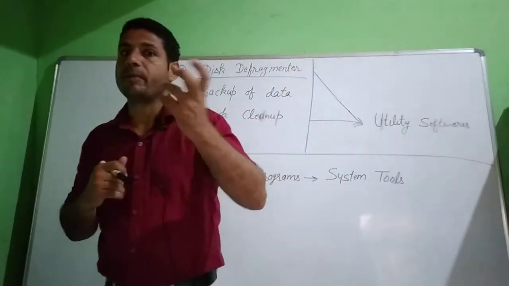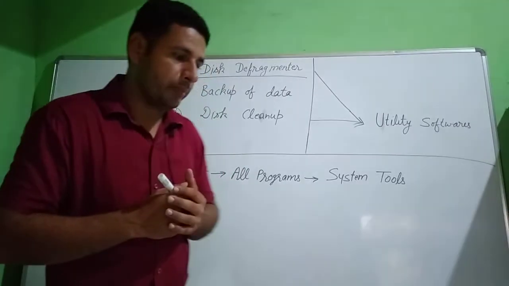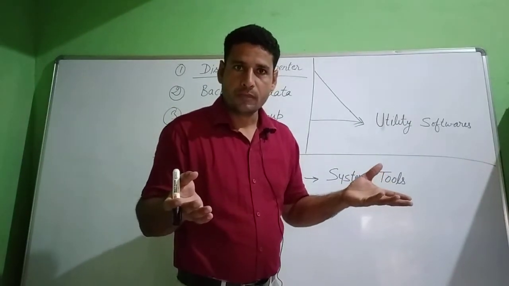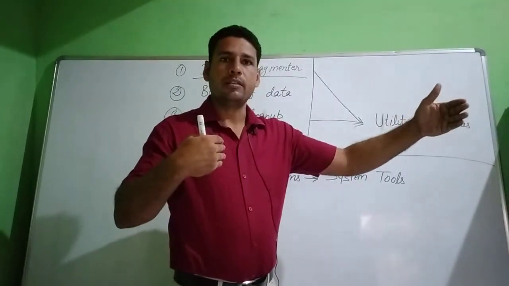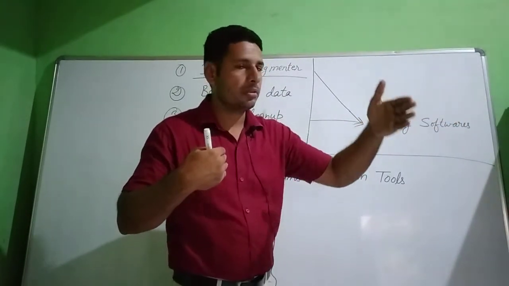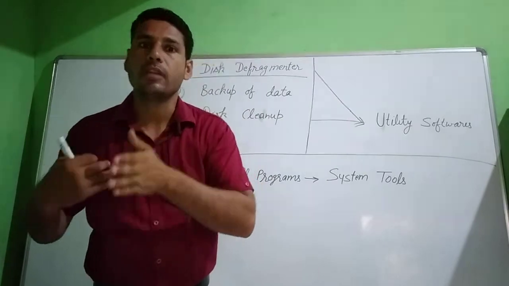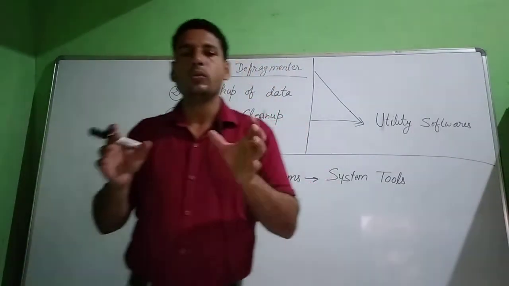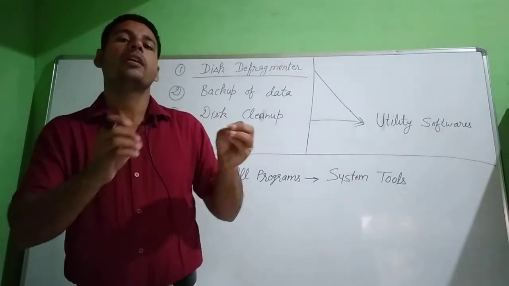Now, if that space is blank, it means we cannot utilize it. Suppose we have 10 files, and we delete file number 3, file number 5, file number 7, file number 4, so the space between those files will remain there.